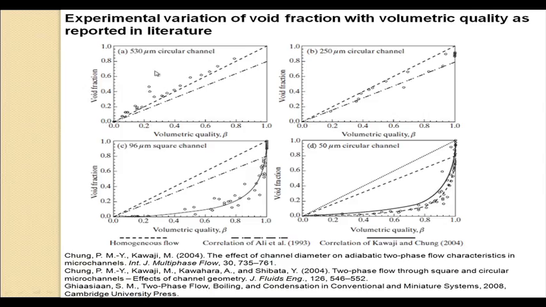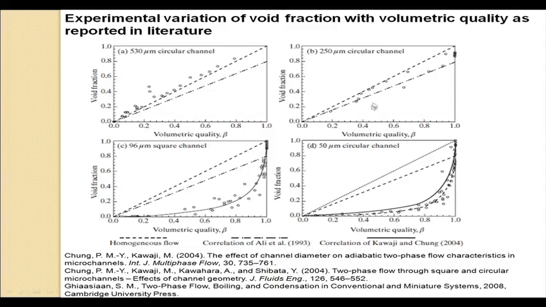So we find that for the two larger pipe dimensions, this homogeneous flow model is more or less suitable, but the deviation from the homogeneous flow model gradually increases as the pipe dimension decreases. Here alpha is almost equal to beta for most of the cases.